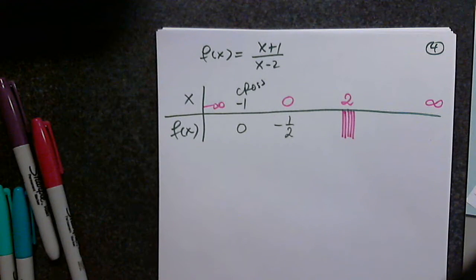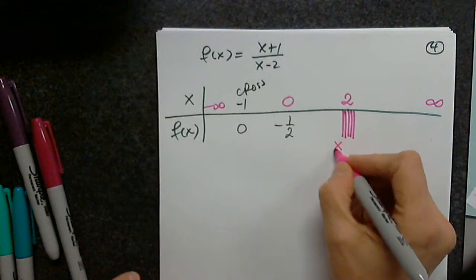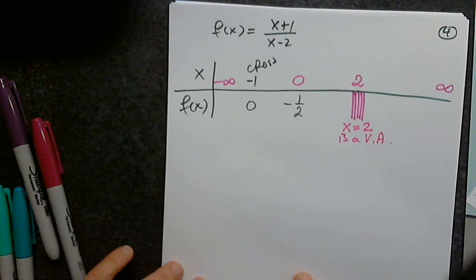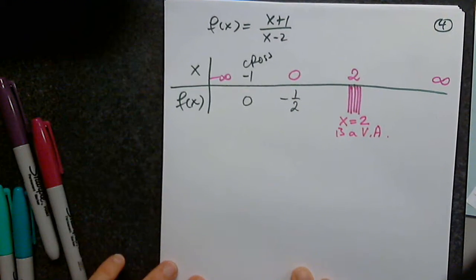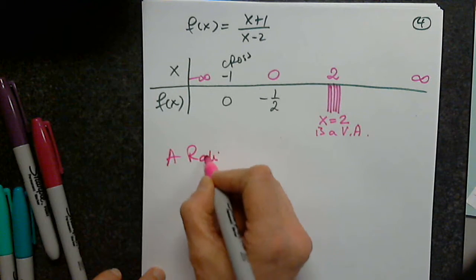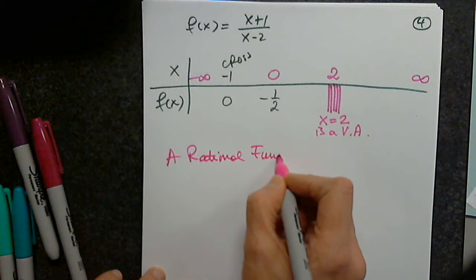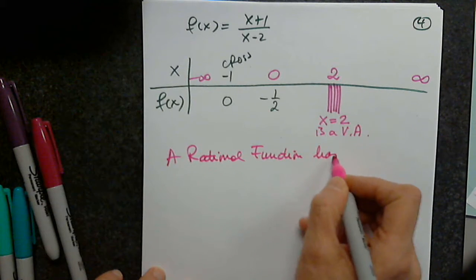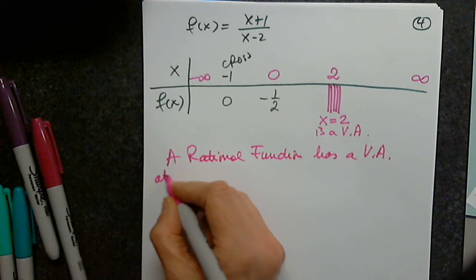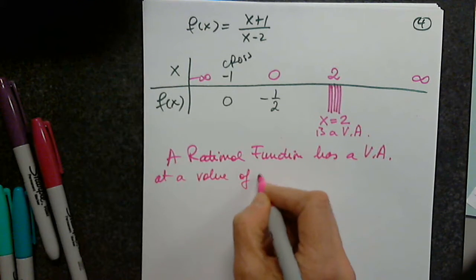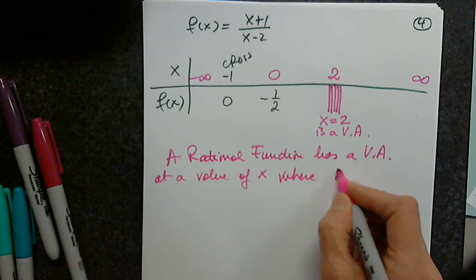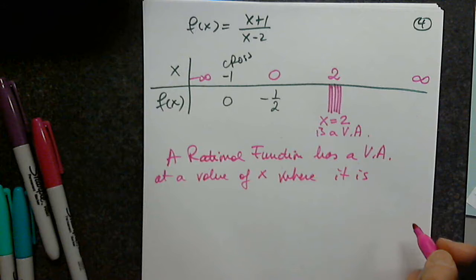This is what we call a vertical asymptote. So x equals 2 is a VA. And I'm going to write what a VA means. A rational function has a VA, a vertical asymptote, at a value of x where it is undefined.